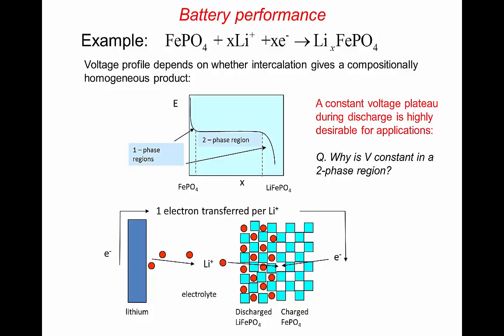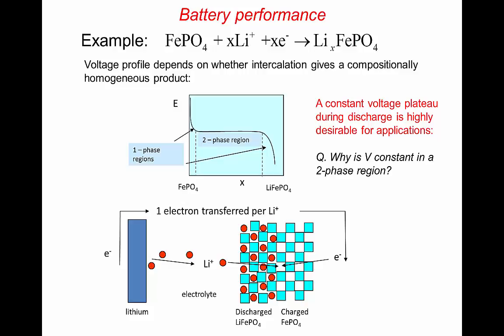And this is because the voltage, and this goes back to our table of electrode potentials. The electrode potential of a half reaction and an overall reaction doesn't depend upon the amount of that product. It's a constant value. But we saw in the case of oxygen that if you have different reactions and different products, then your cell voltage may vary. And this is what happens in solid state materials.